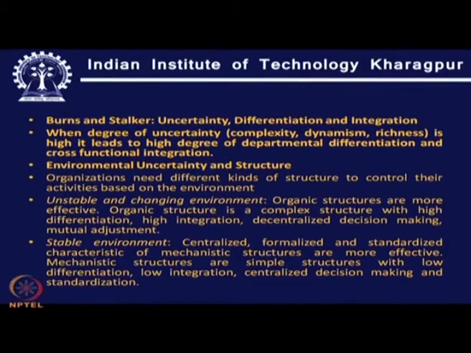So what we find over here is the degrees of uncertainty in terms of capacity, volatility or complexity of the environment. Capacity is in terms of whether the resource is scarce or abundant in nature, volatility is in terms of whether the environment is stable or dynamic in nature, and complexity is in terms of whether it is simple or complex in nature.